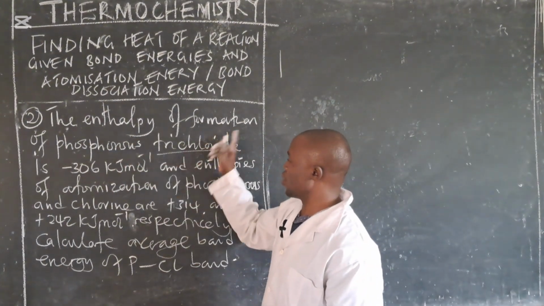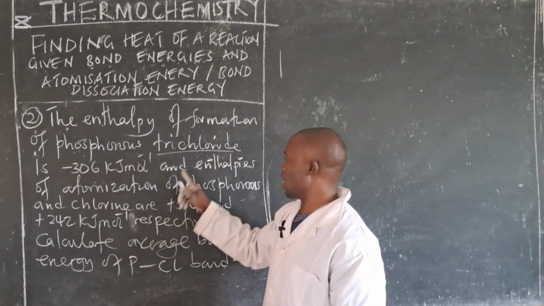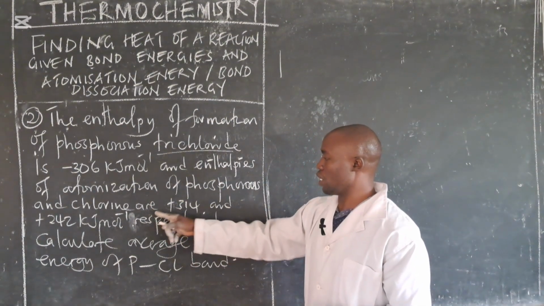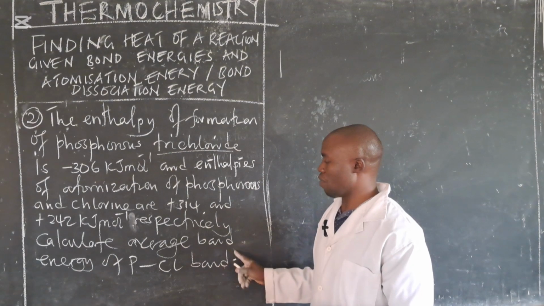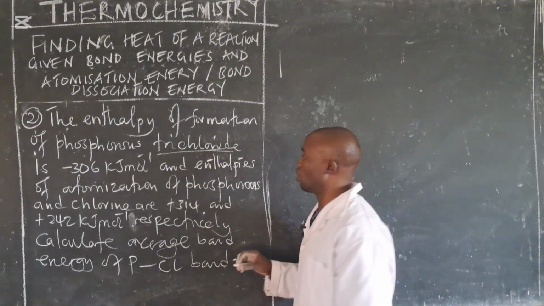The enthalpy of formation of phosphorus trichloride is this, and enthalpies of atomization of phosphorus and chlorine are this and this. Calculate the average bond energy in this. Let's first write the equation for formation of phosphorus trichloride.